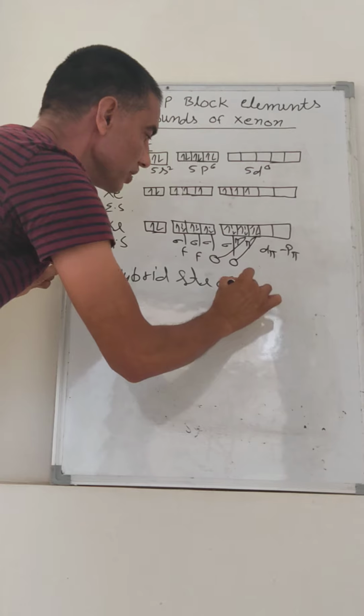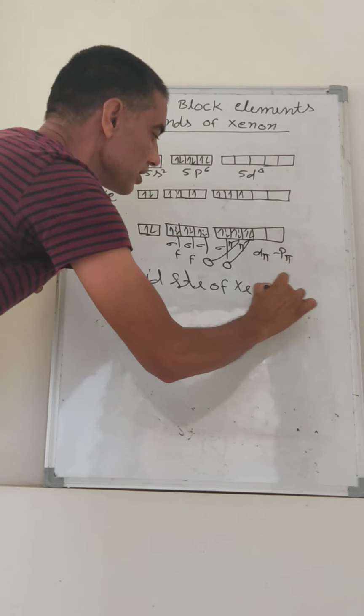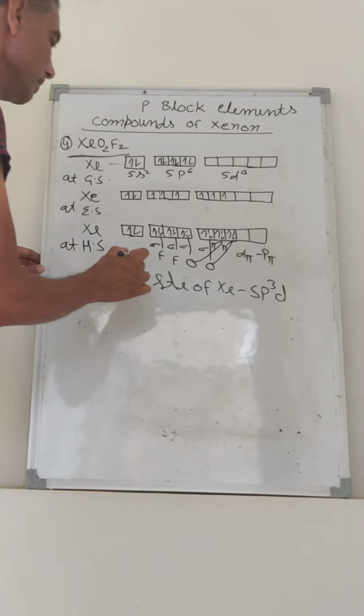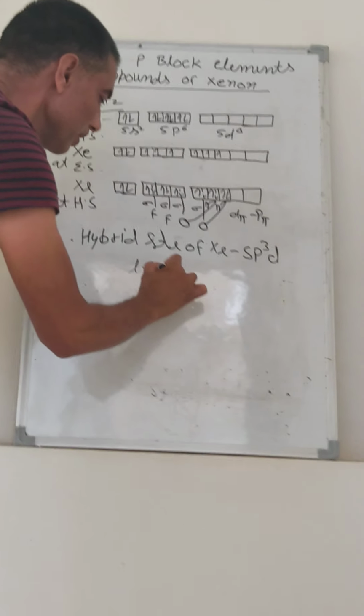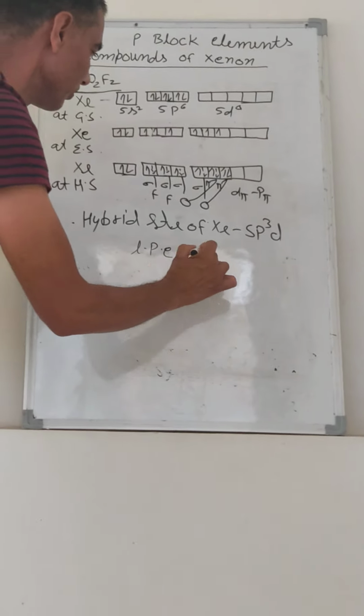So the hybrid state of xenon is sp3d, and the lone pair of electrons is equal to 1.